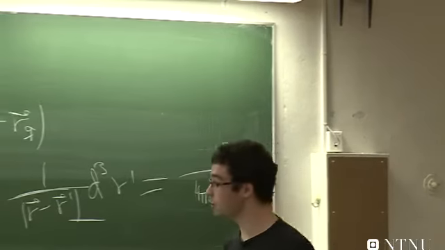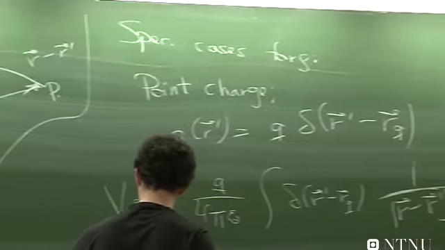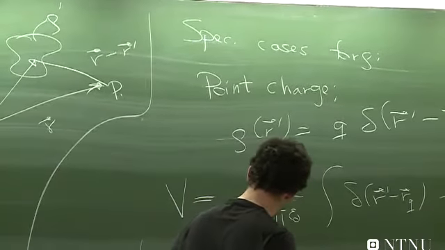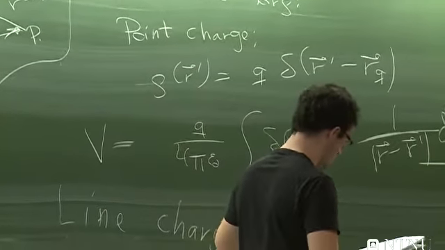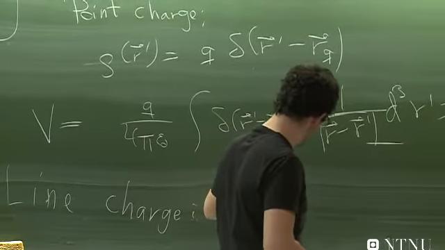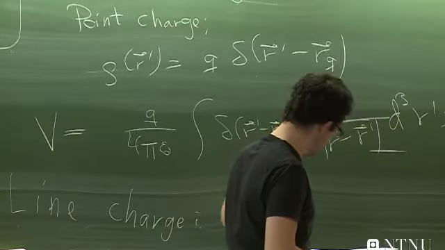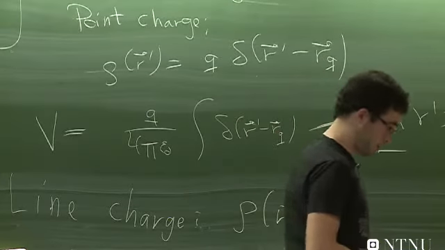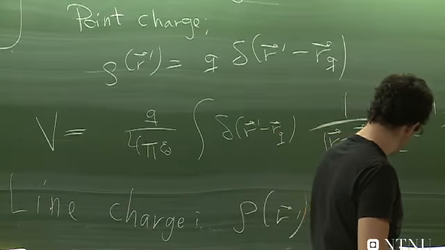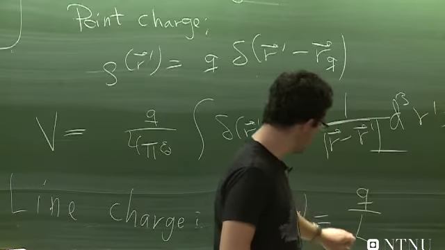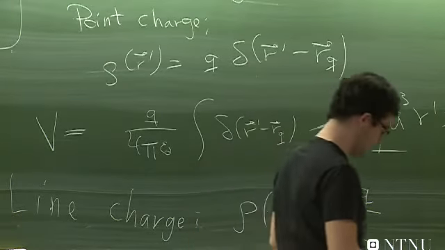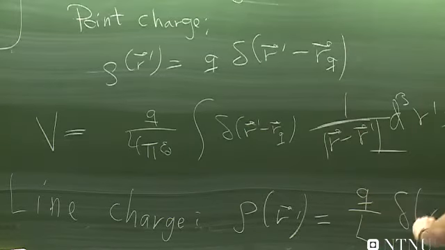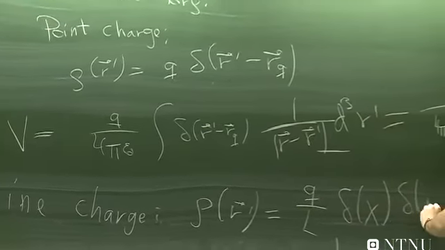If you have a line charge, you can do the same thing. Which is basically rho of r prime is equal to some q over some L. That is, you need to have some sort of charge per length times delta of, for example, x, delta of y.